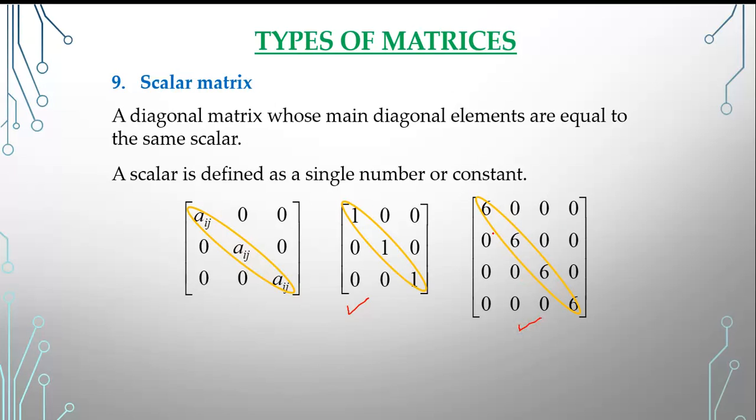So this type of matrix is the scalar matrix. Clear? So for non-diagonal elements are 0, and for diagonal elements i equal to j, we have aij equal to a, a scalar value, meaning all diagonal elements are equal.